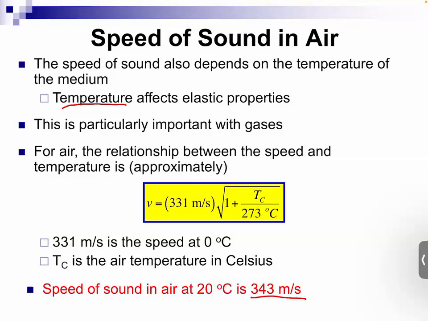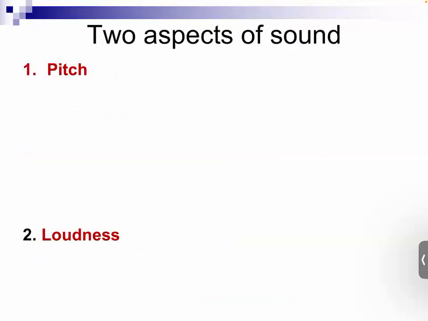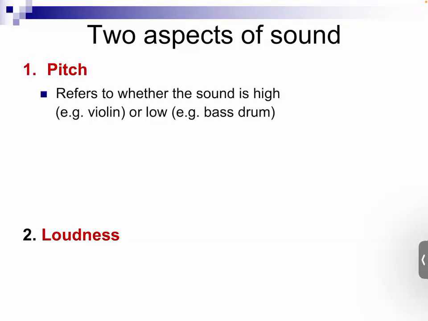But moving on with sound, we can characterize sound in terms of its two aspects, pitch and loudness. Okay? So pitch refers to how high or how low the sound is perceived by the ear, right?